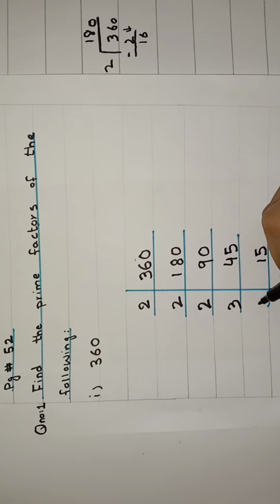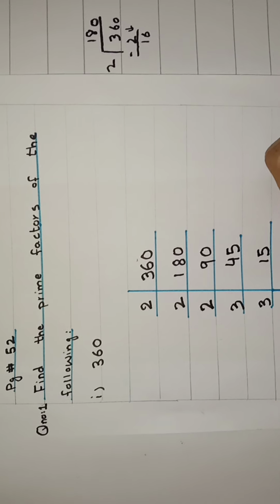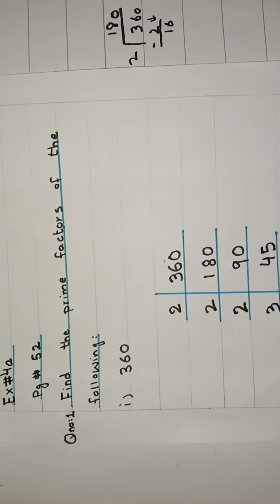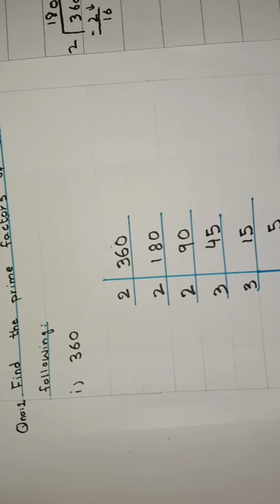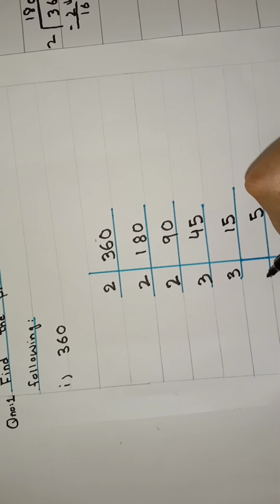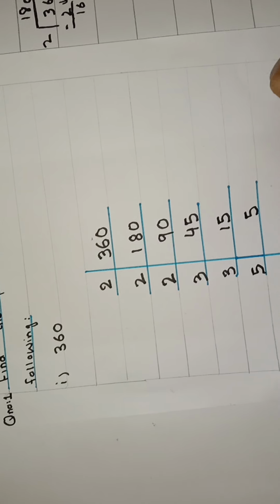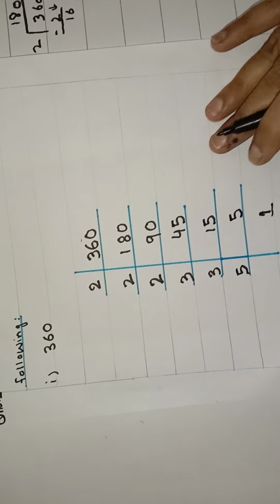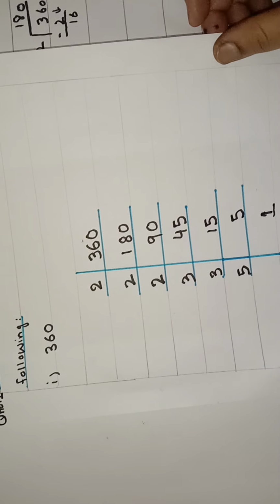Then 3 fives are 15, 5 ones are 5. That's all. We have found all the prime factors.